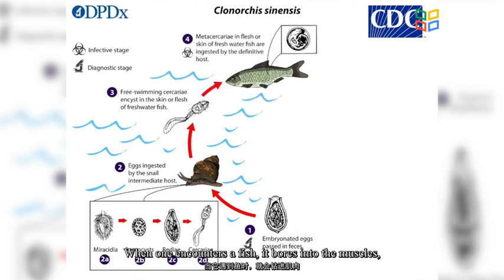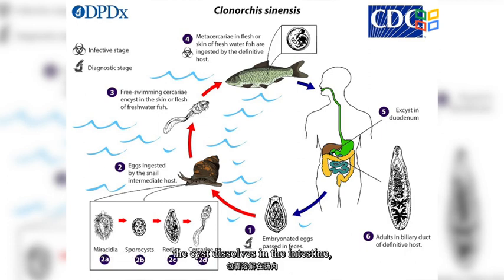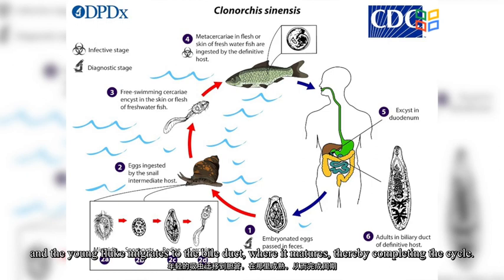When one encounters a fish, it bores into the muscles, loses its tail, and encysts, transforming into a metacercaria. If a human or other mammal eats raw fish containing metacercariae, the cyst dissolves in the intestine, and the young fluke migrates to the bile duct, where it matures, thereby completing the cycle.